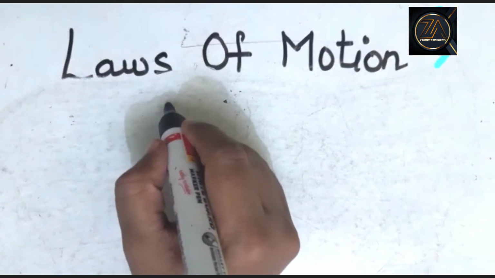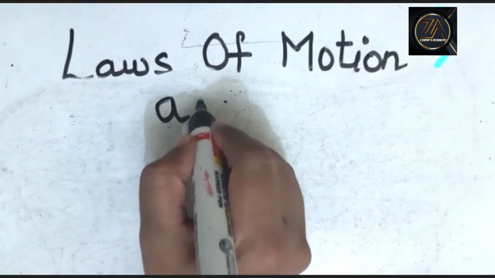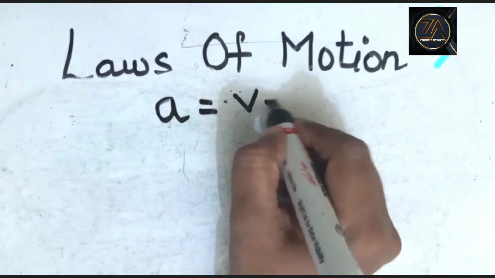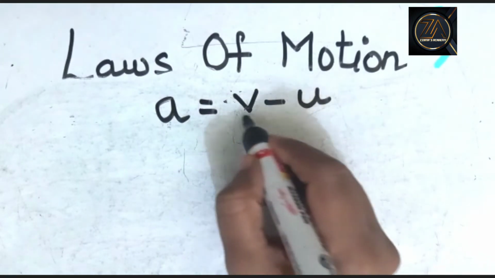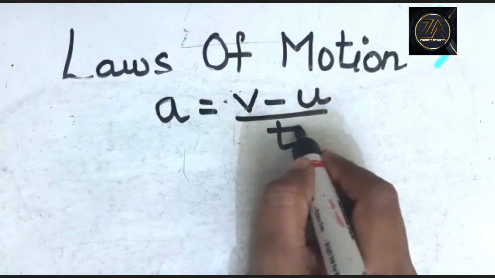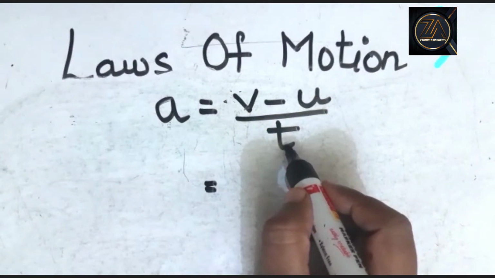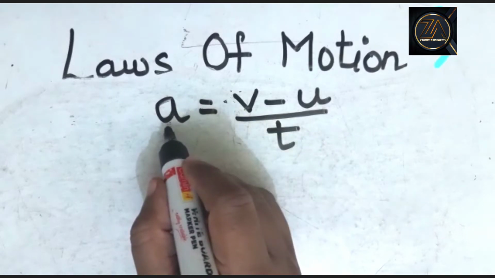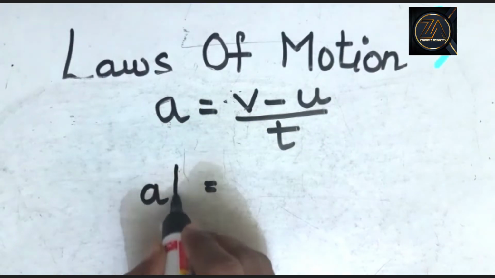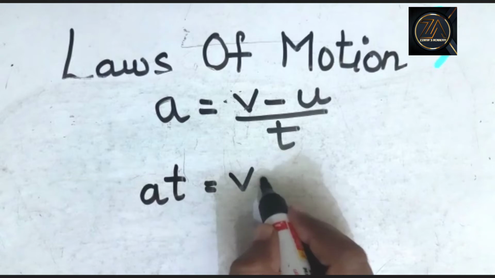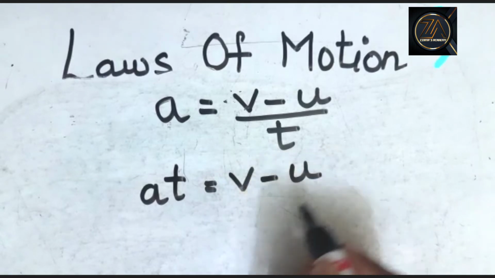What is the formula for acceleration? We have seen acceleration is nothing but the change in velocity with respect to time. Now here t is in the denominator. When it comes to this side of the equal sign, it will be multiplied. So what remains here? V minus u.